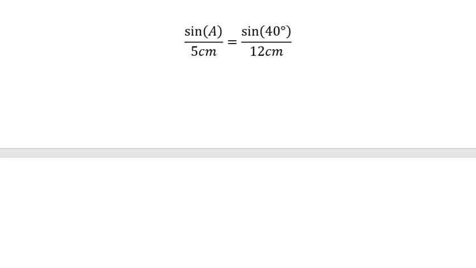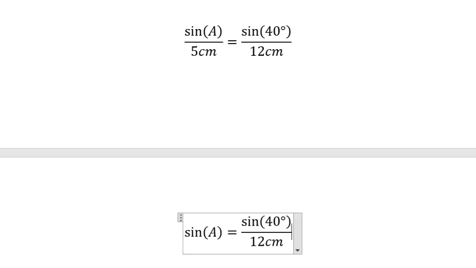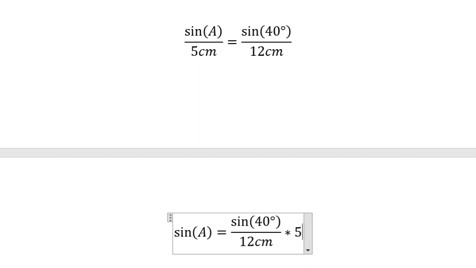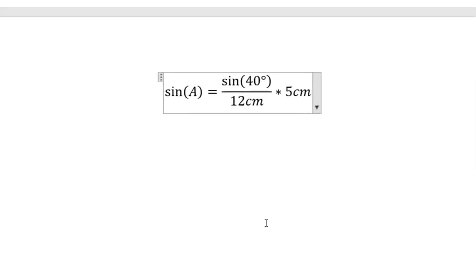Okay, so next, all we need to do here is solve this equation for A. So let's start by moving these 5 centimeters to the right side of the equation. We can do that by doing a multiplication. So in this case, we get that sine of A equals sine of 40 degrees divided into 12 centimeters, and all of that multiplied by 5 centimeters, right?